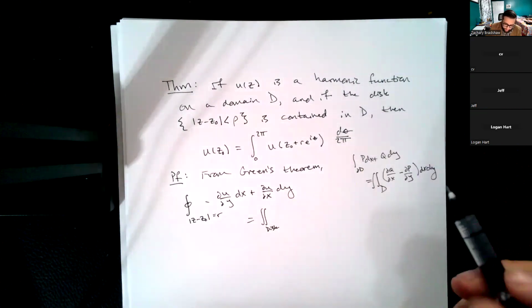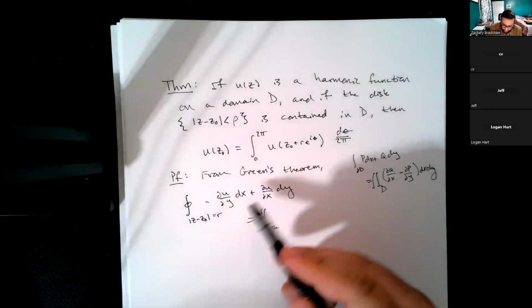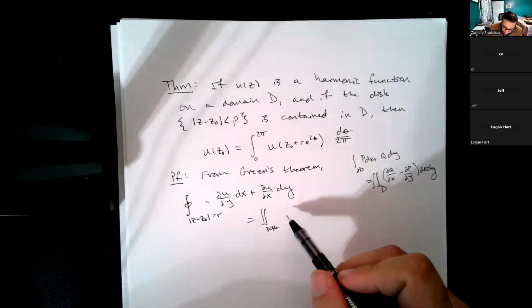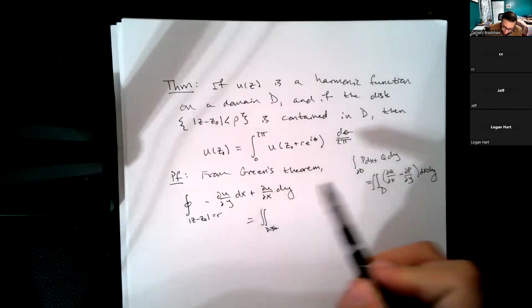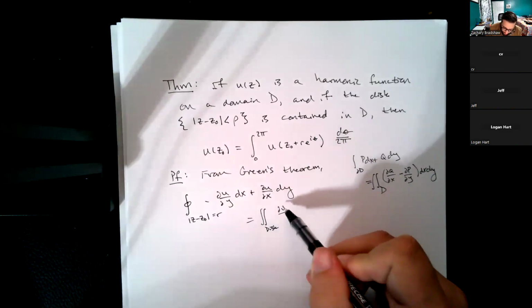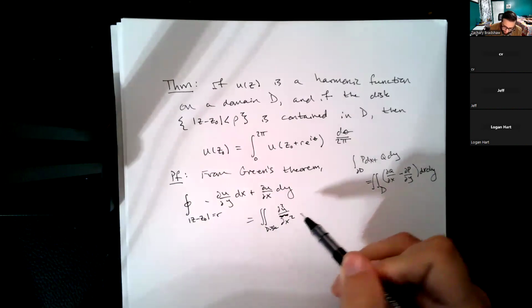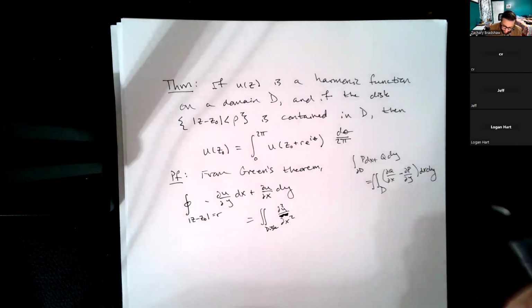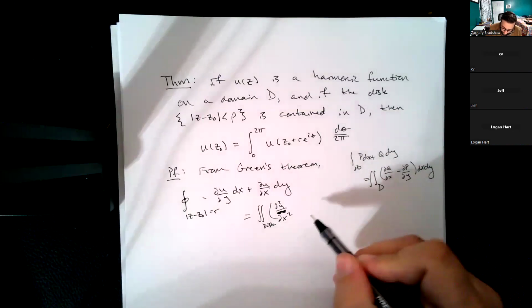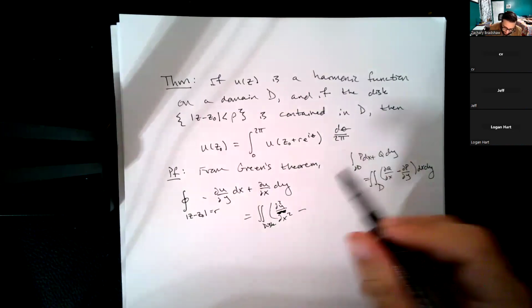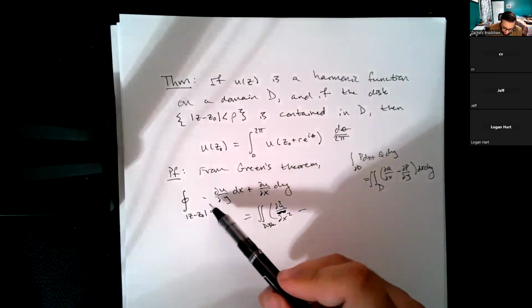So this double integral is equal to the double integral of dQ/dx, where Q here is du/dx, minus dP/dy.